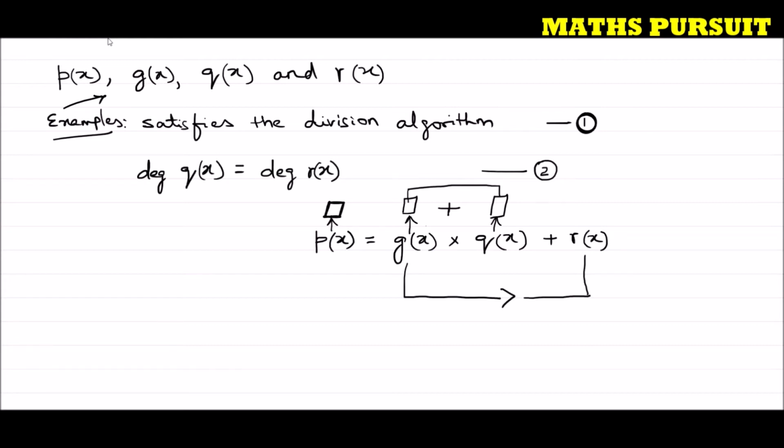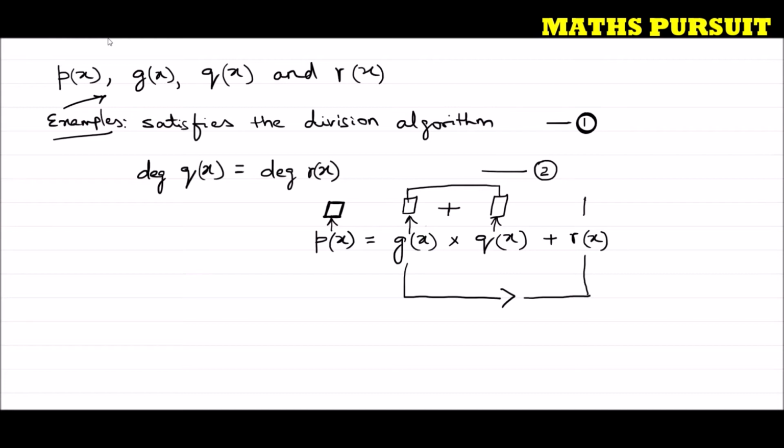We want to frame a polynomial where the degree of q(x) is equal to the degree of r(x). Now guys, as I told you, the degree of g(x) should always be greater than the degree of r(x).